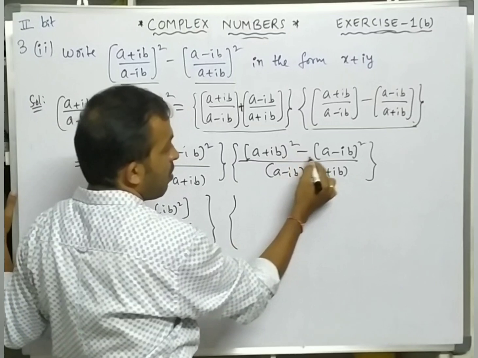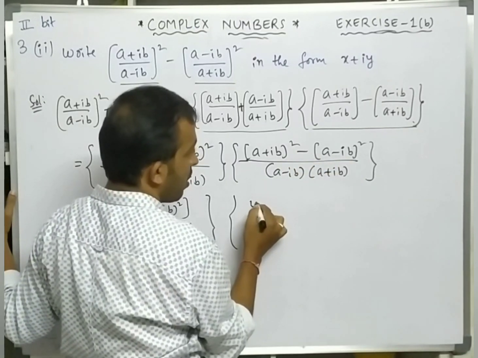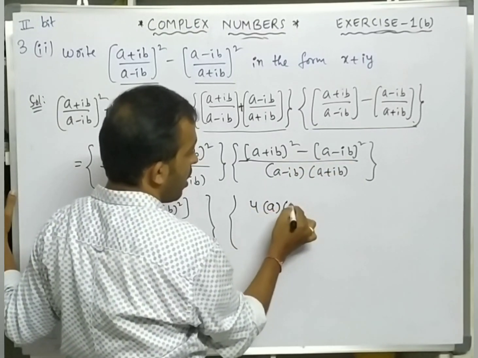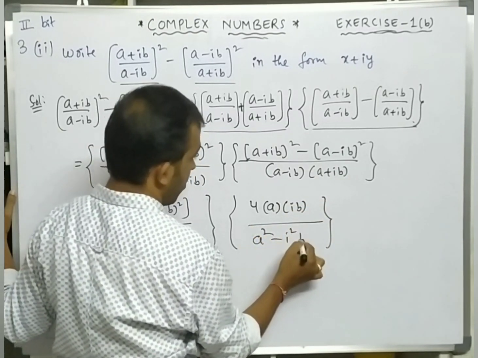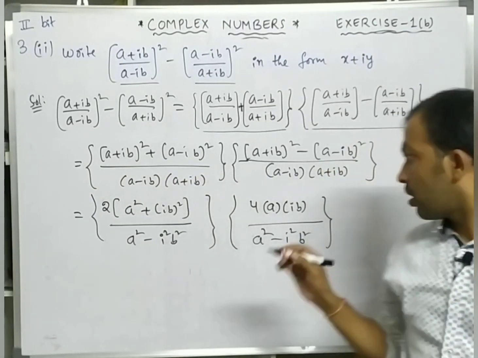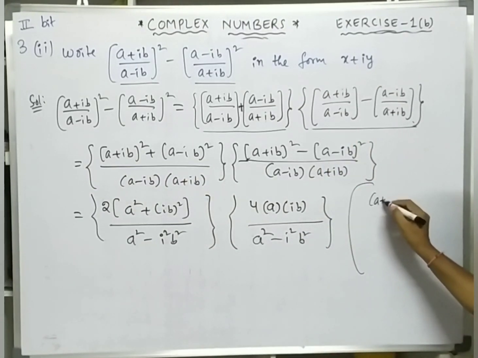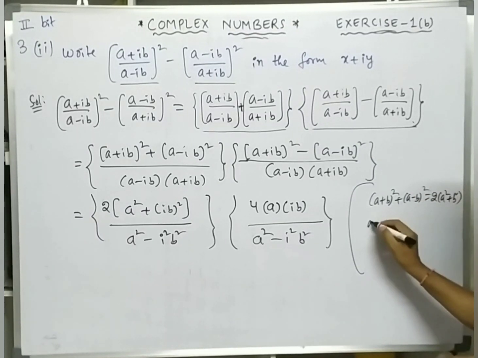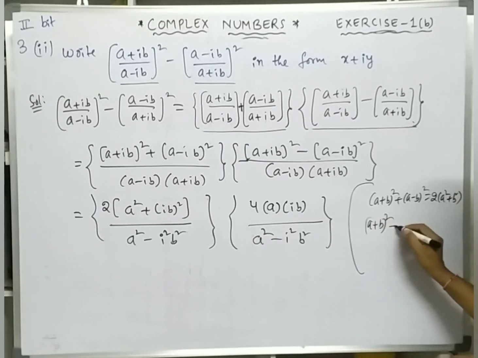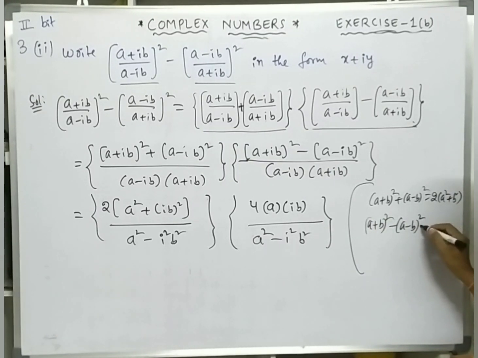Here a plus b whole square minus a minus b whole square formula is 4ab by a square minus i square b square. So here I am writing the formulas: a plus b whole square plus a minus b whole square is equal to 2 into a square plus b square, and a plus b whole square minus a minus b whole square is equal to 4ab. If you expand it, then you will get the answer.